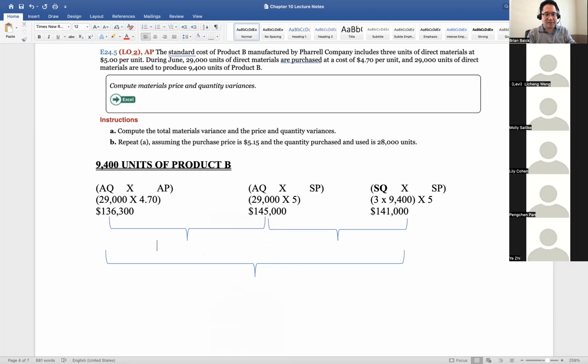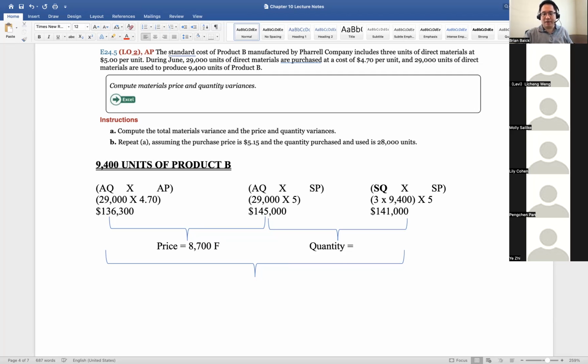What do you get for the price variance? Negative, so favorable price variance. Or you can say it like this. You can say price variance is 8,400 favorable. Can you tell me what the quantity variance is?